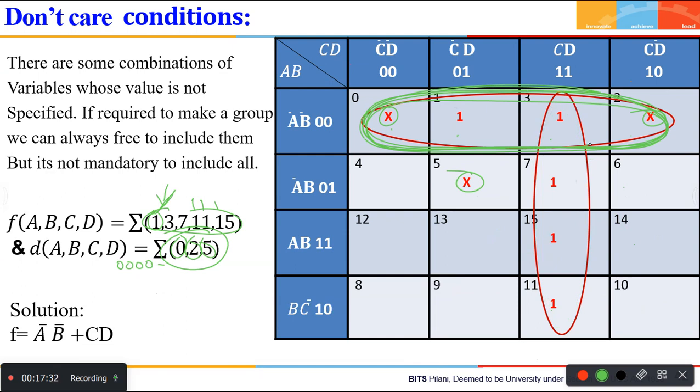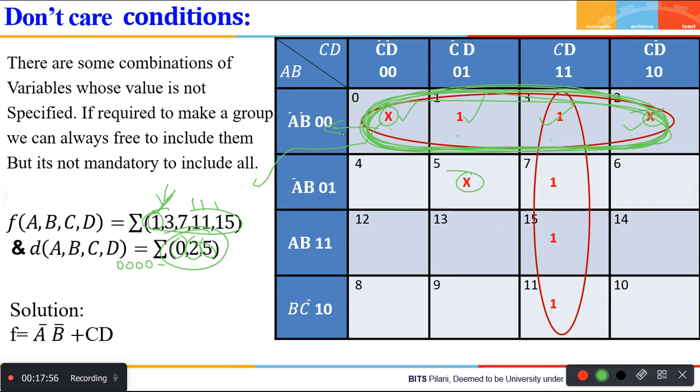In this example, see, while combining this, these two ones are included in the group, and you have included these two x also because it is a don't care. What is the expression you get for this, tell me? Combination of this: A bar, B bar, right? See, look at this.